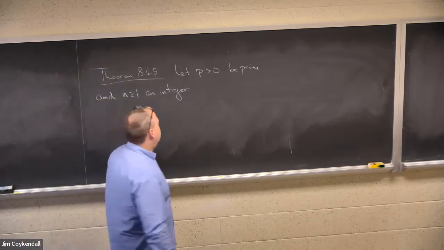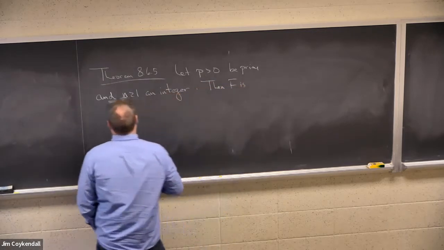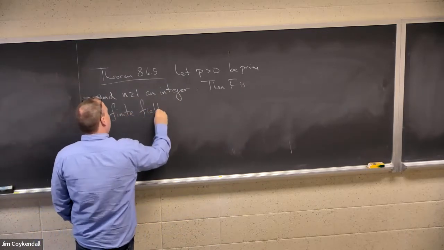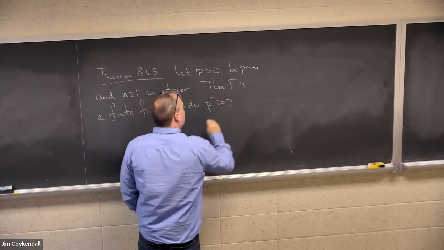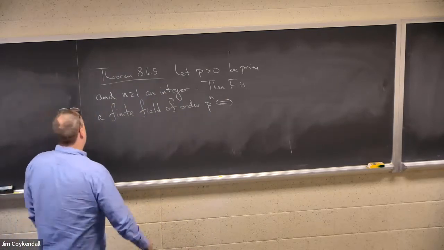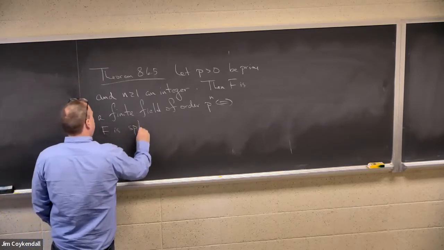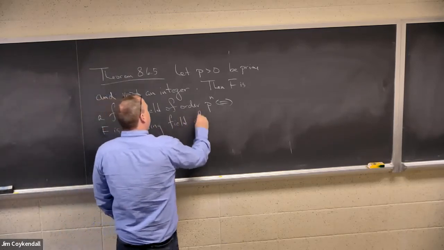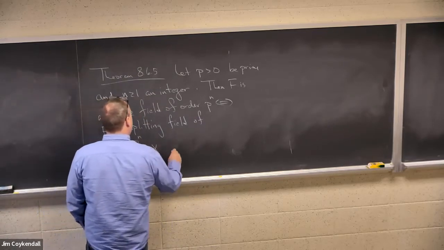Then F is a finite field of order p to the n, again, if and only if F is a splitting field of x to the p to the n minus x over Z_p.